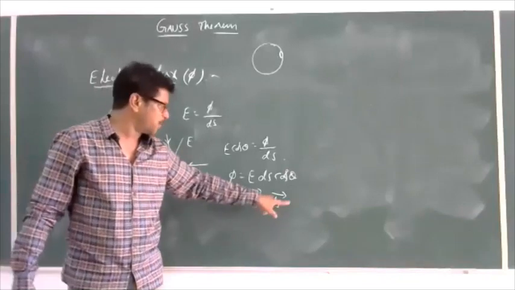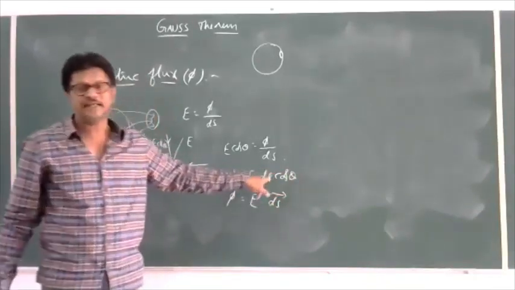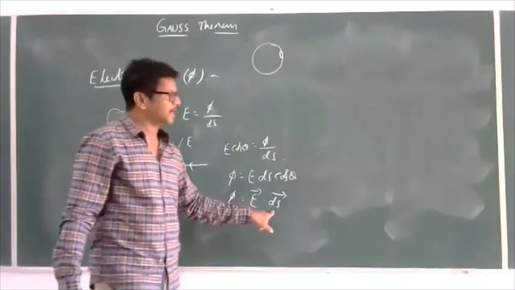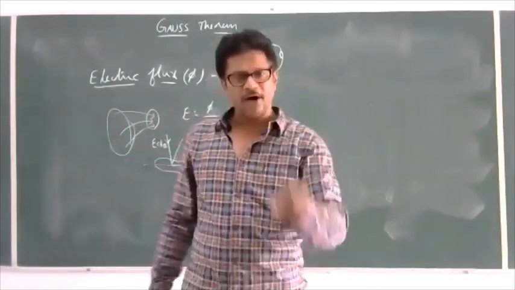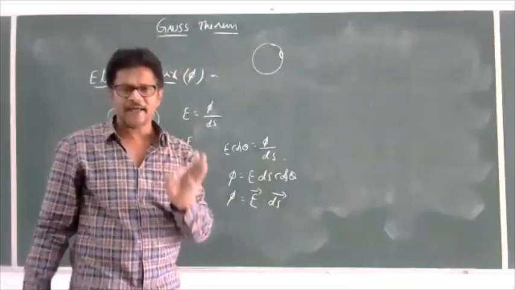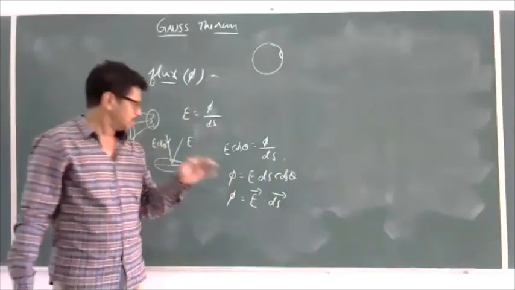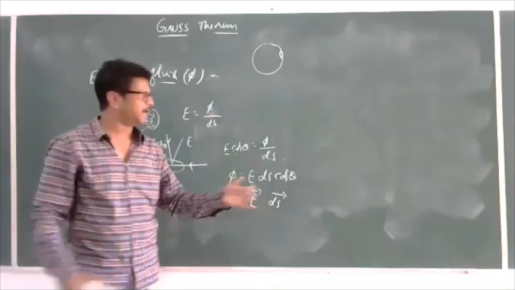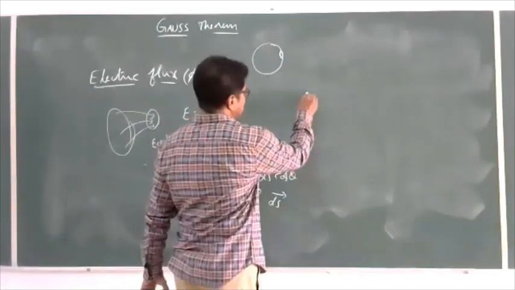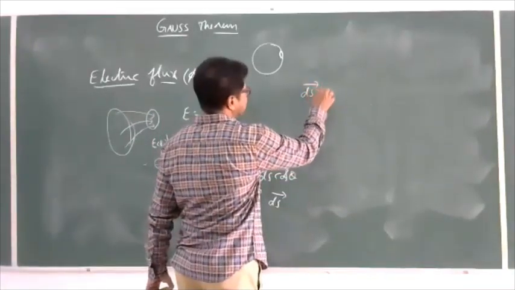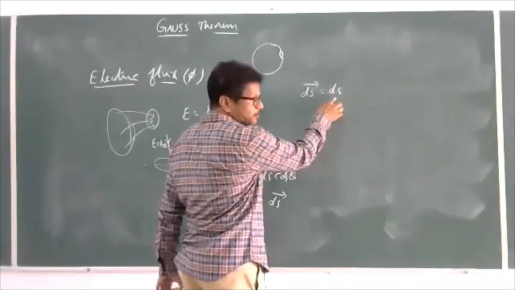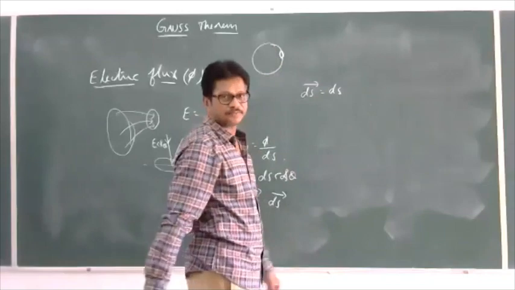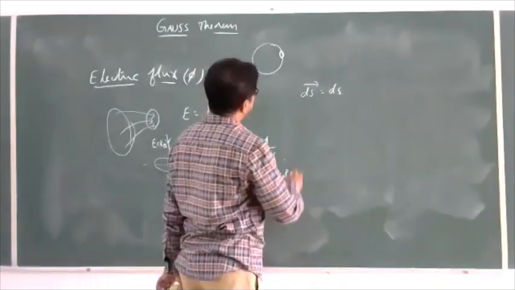So this ds bar, I am calling it an areal vector now. Since it is an areal vector, it must have both magnitude and direction. What is the magnitude of this areal vector and what is its direction? So ds bar, ds will give its magnitude. What about its direction?